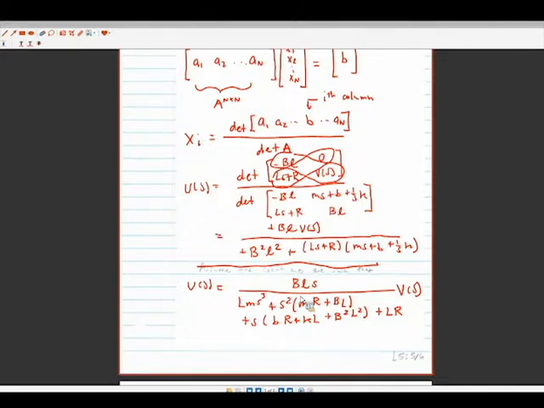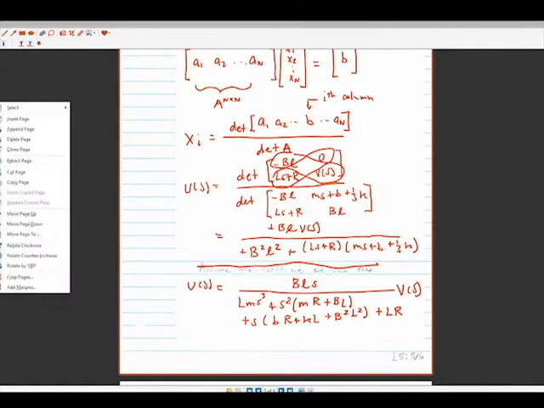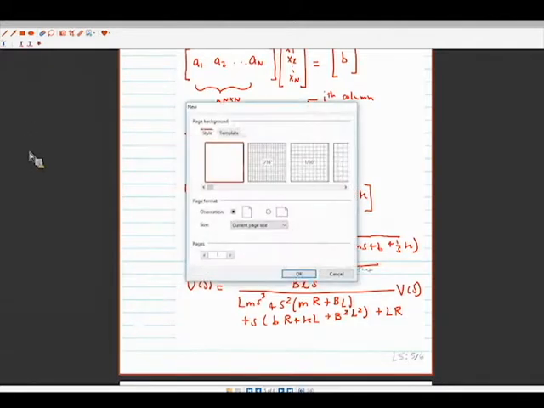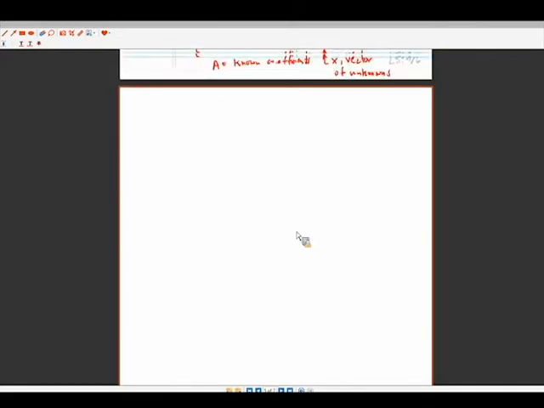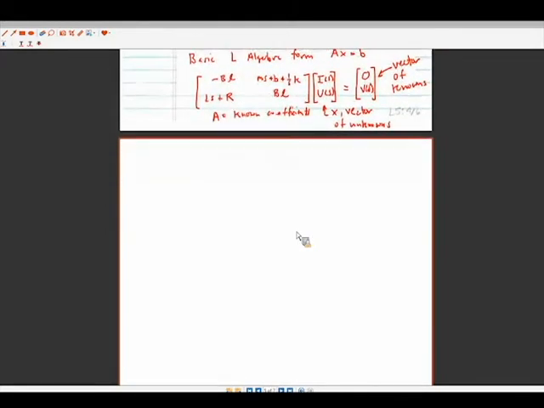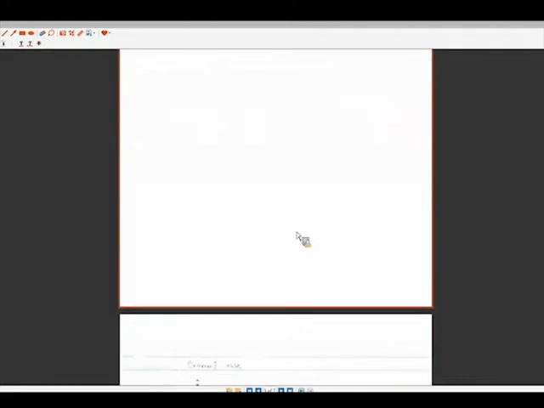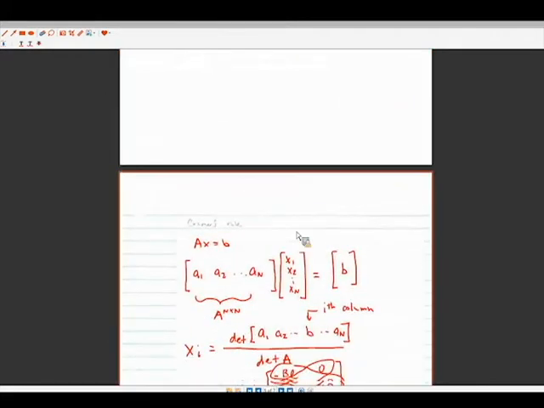Okay, so then let me add a page here. Last thing before we get to actually a Bode plot of this is that we want this transfer function U over V. All right, I'll rearrange these pages after this class to get this in better order.